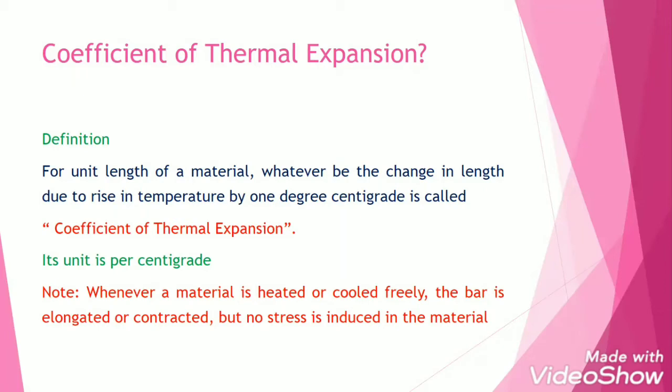But a very special note before going for actual thermal stress: whenever a material is heated or cooled freely, the material will elongate or contract, but no stress will be induced in the material. Stress is equal to 0.